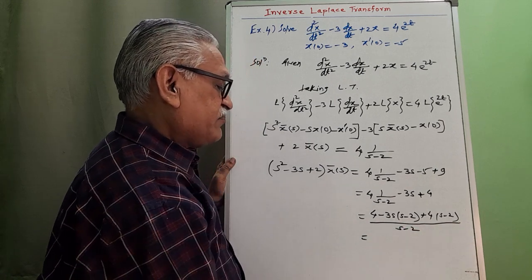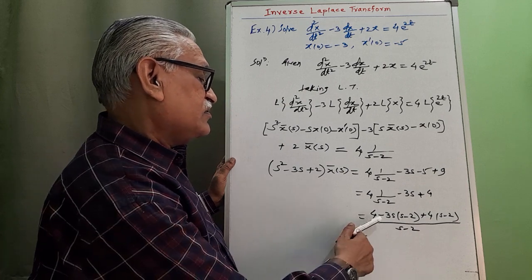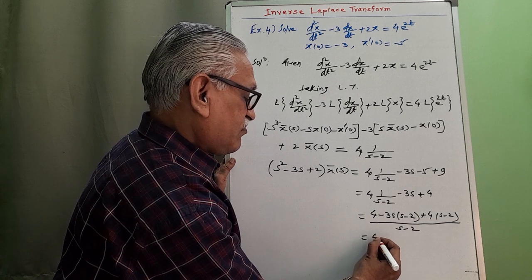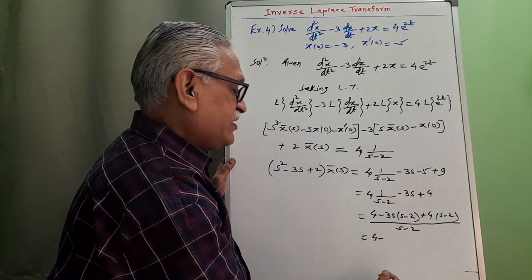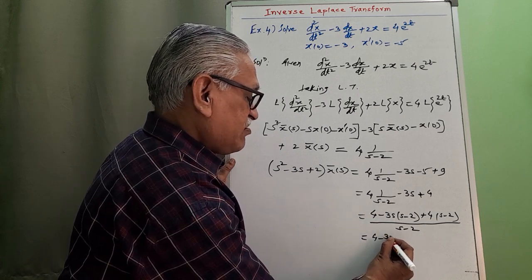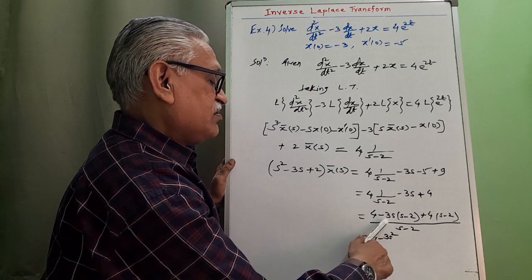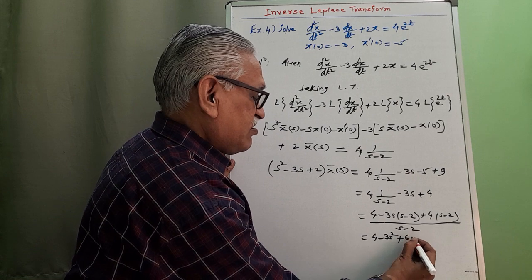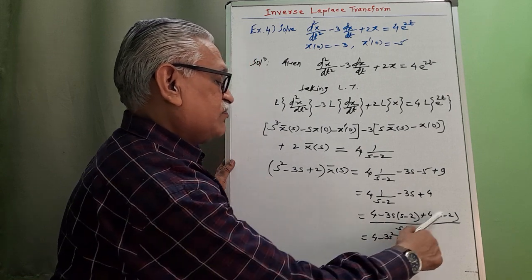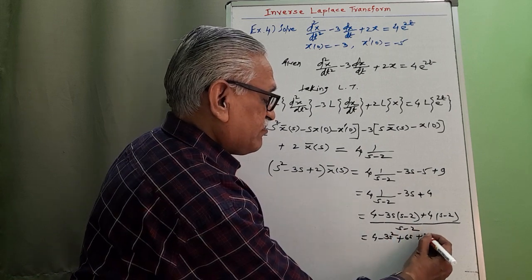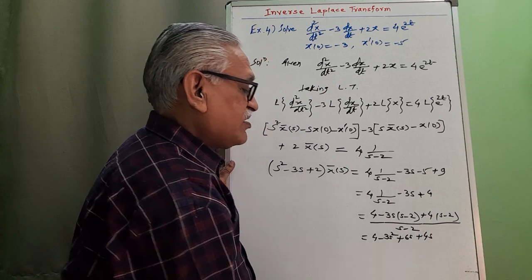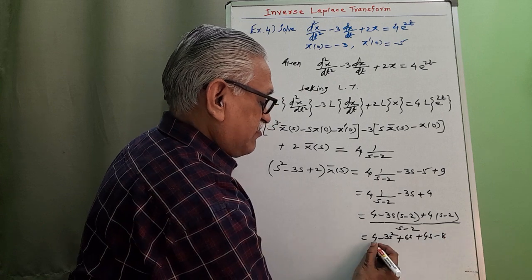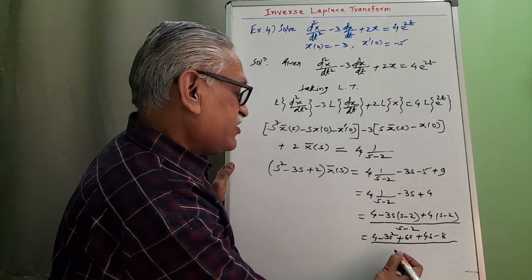We get 4 minus 3s square plus 6s plus 4s minus 8, divided by s minus 2.